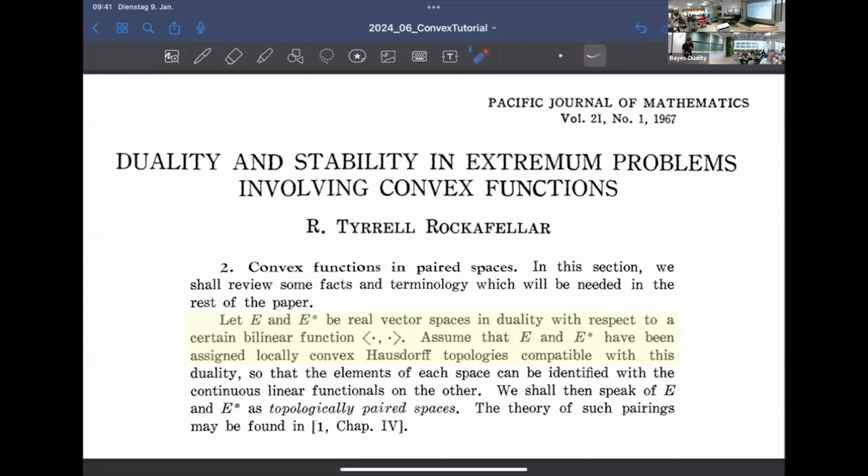One example that is used a lot in machine learning is that your primal space E is the set of measures on some bounded set, and the dual space, or the other way around, I think it doesn't matter here because it's a paired space, is the space of continuous functions.